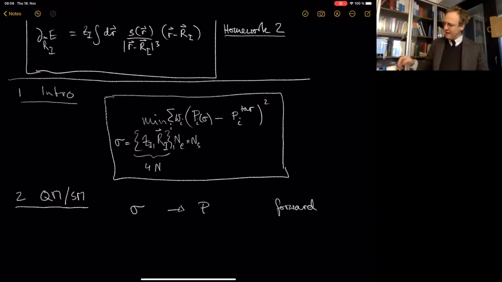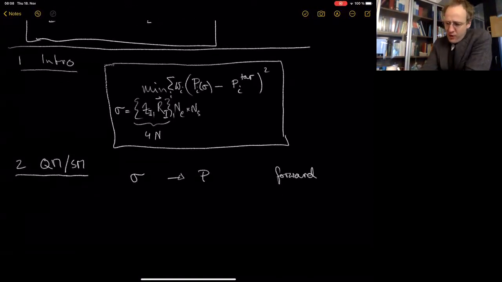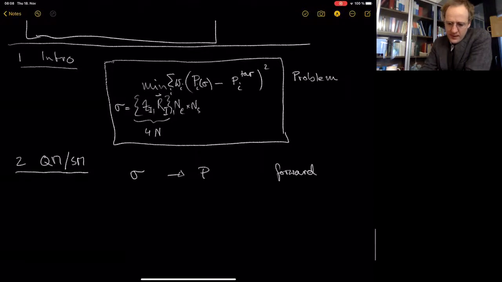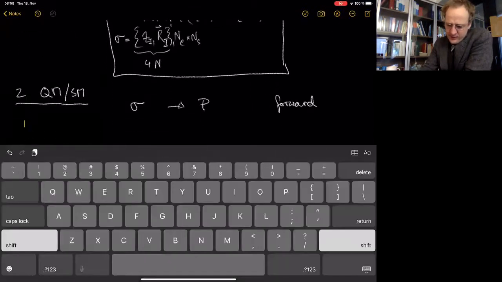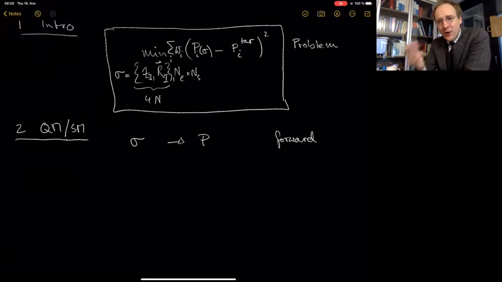But we have identified this as crucial for solving the problem as we posed here. And the reason is that in general, you can solve this problem iteratively.